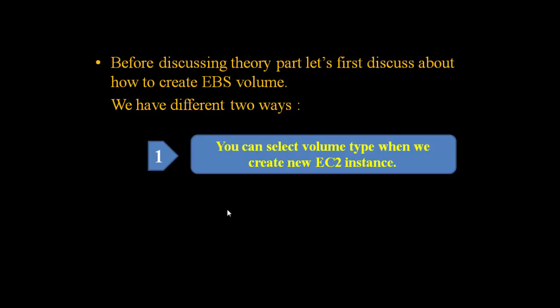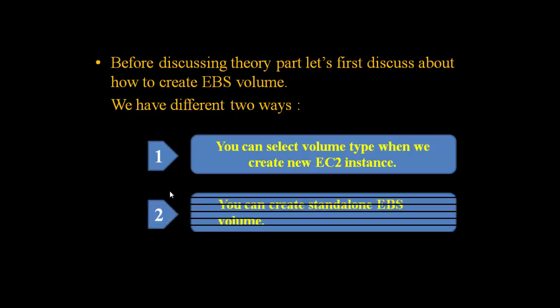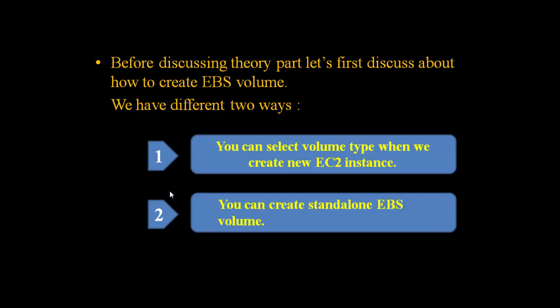I already made one video in which I gave the different steps to create an EC2 instance. So when we create an EC2 instance, we can select the EBS volume. The second one is that you can create a standalone EBS volume and then attach it to any EC2 instance.